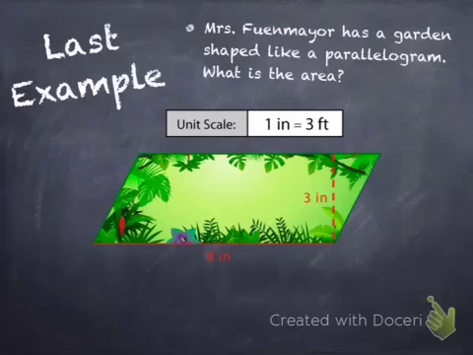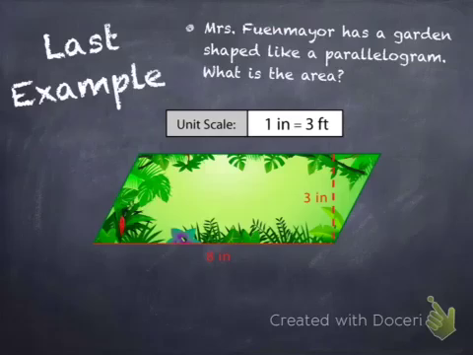However, I've given you this picture that is a scale drawing. The scale drawing shows the parallelogram with a base of 8 inches and a height of 3 inches. But the actual measurements of her garden are a little bit different.